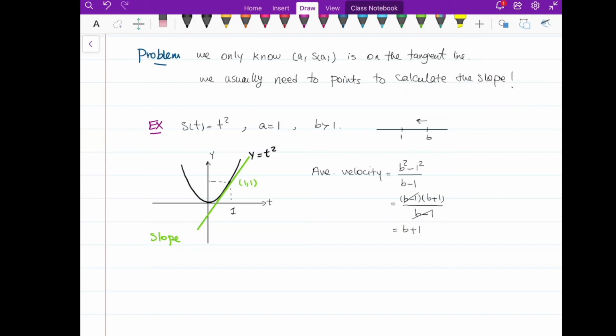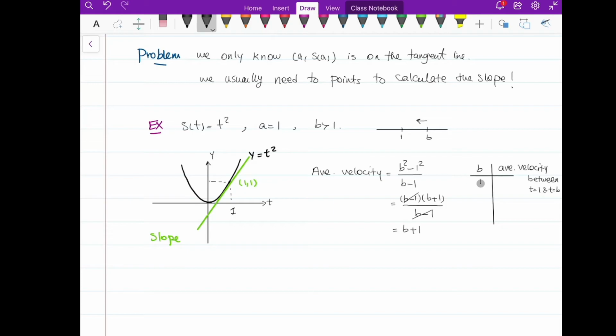So I have different B's, and then this is the average velocity between time 1 and time B. If B is 1, it would be exactly at this point, but it would be 1 minus 1.